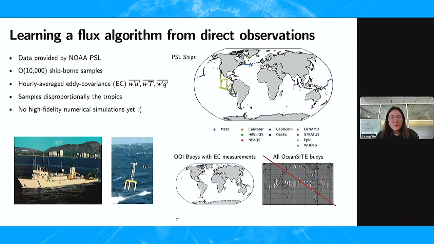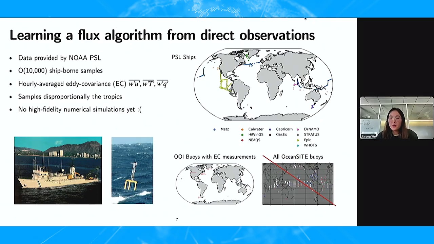Unfortunately, we have no high fidelity numerical simulations that are possible yet to give us direct air-sea flux across a wide range of conditions. So this eddy covariance data remain our best source for constraining flux algorithms.